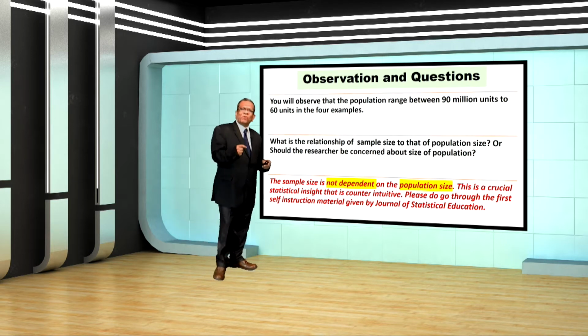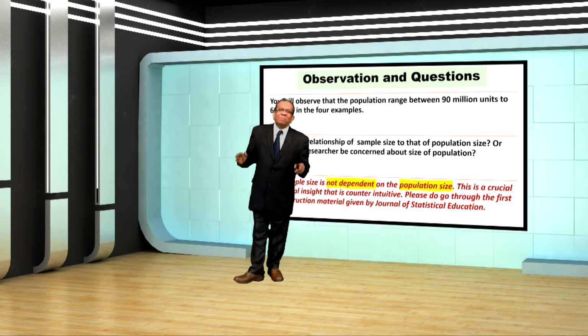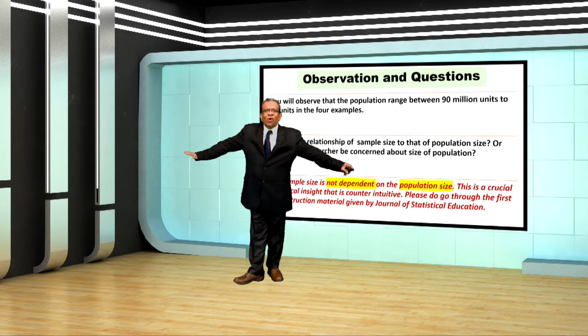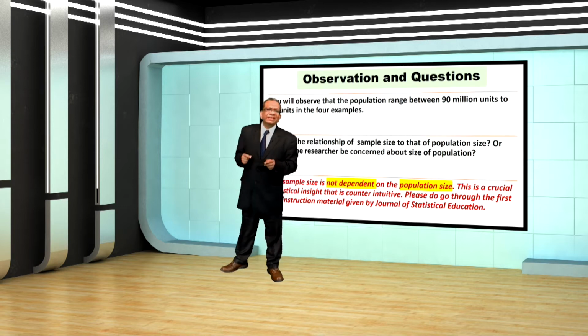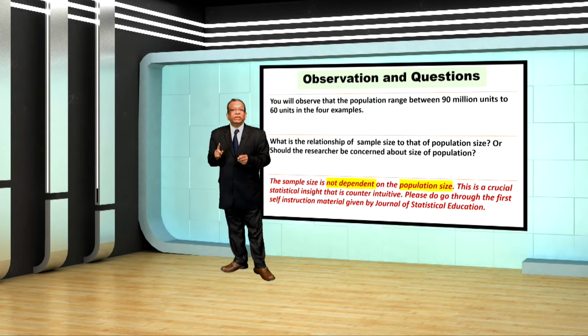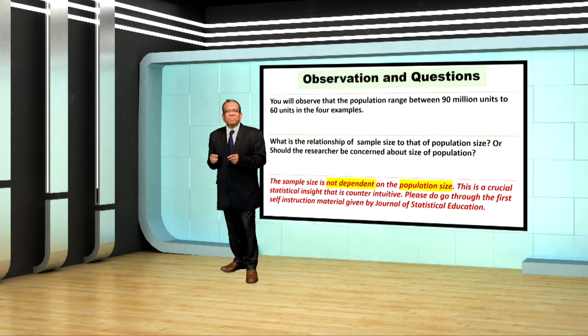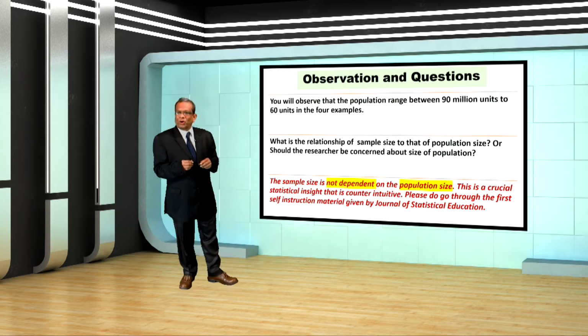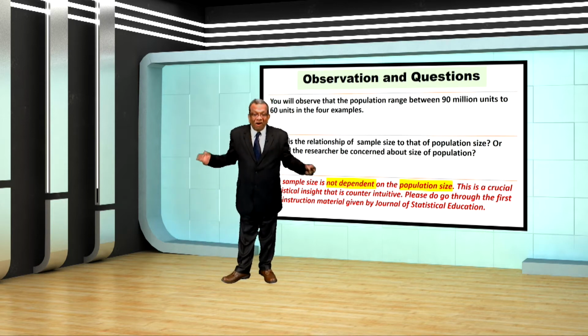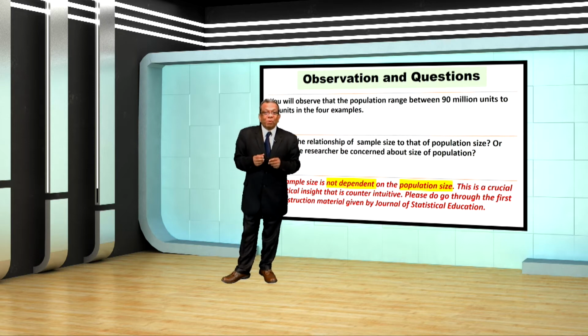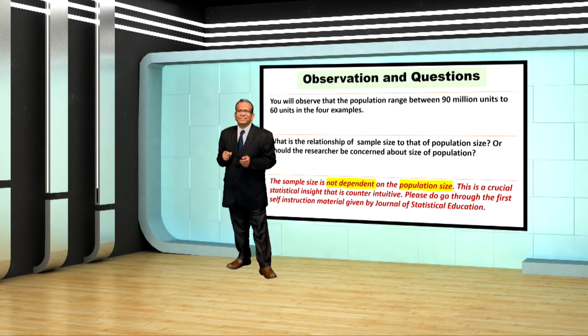Now, a very important point we will be making, this sample size is not dependent on the population size. This is a crucial statistical insight that is counterintuitive. Now, you will be going through the self-instruction material given by the Journal of Statistics Education, one of the most important references, in order to know that you need not really take population size into consideration.